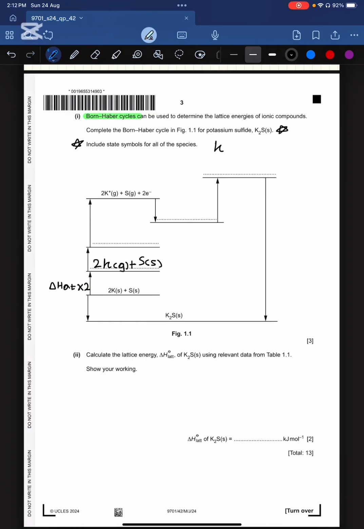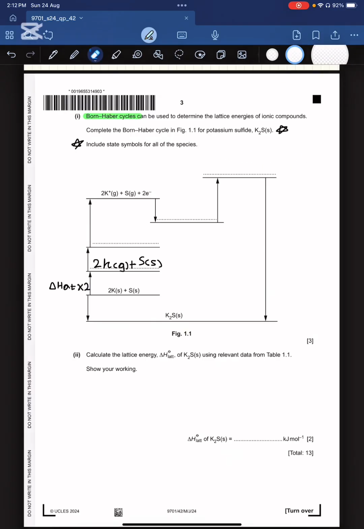Like if it was K gas and it becomes K plus gas plus electron released, one mole of potassium has lost one mole of electrons to form one mole of potassium ions, which has a plus one charge, right? One mole of potassium in its gaseous form has lost one mole of electrons to form one mole of potassium ions, which has a plus one charge.